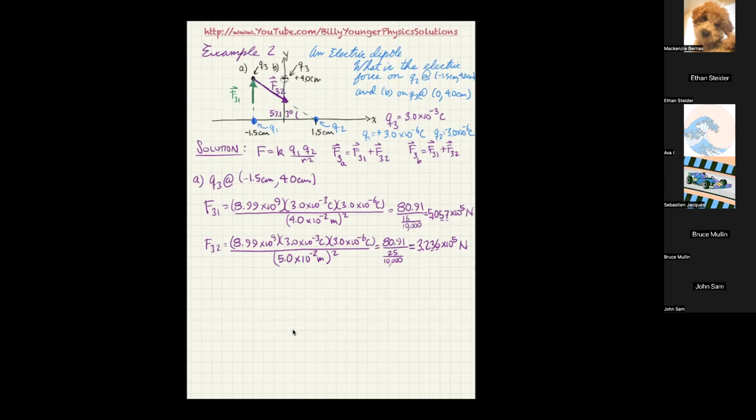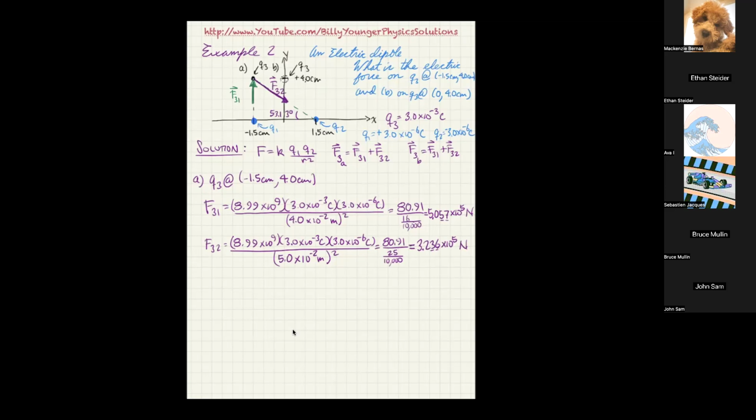So that allows me, in actuality, to find a component of the vector. Remember, we're going to start at the tail of the vector that we want. So what we want to do here is find the components of F32.